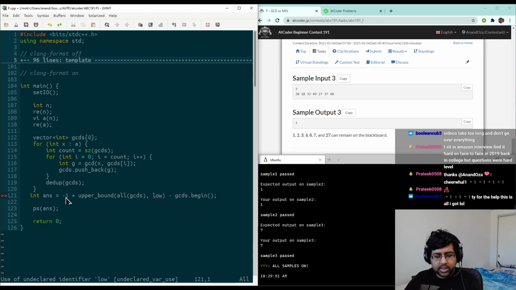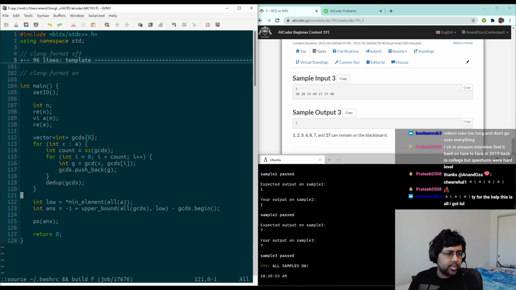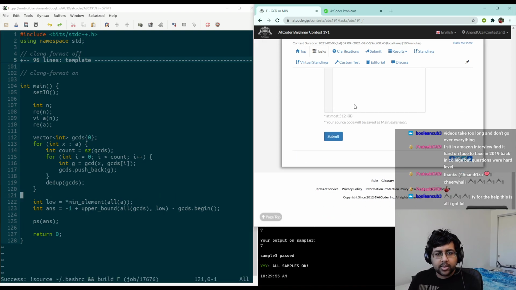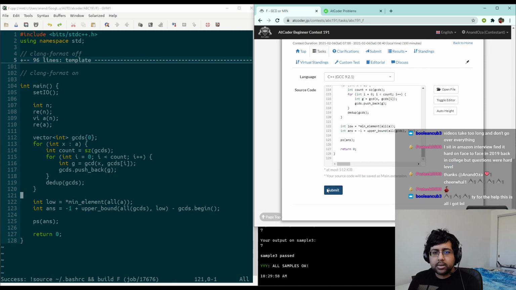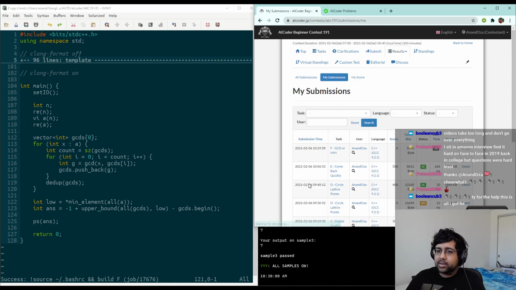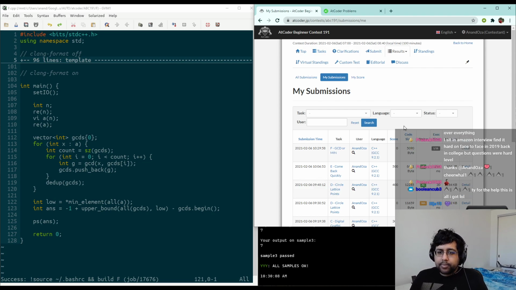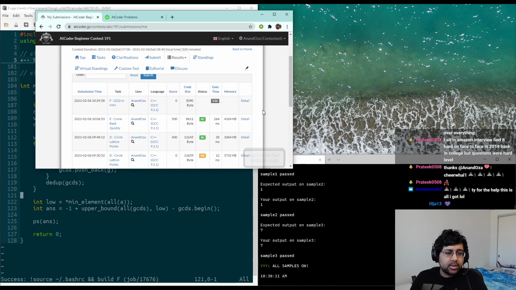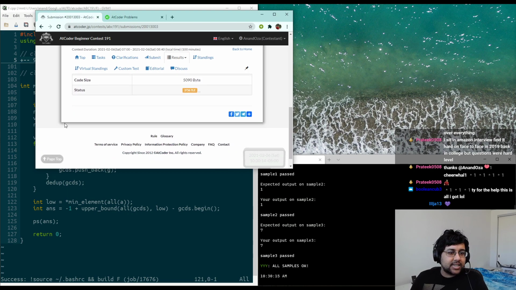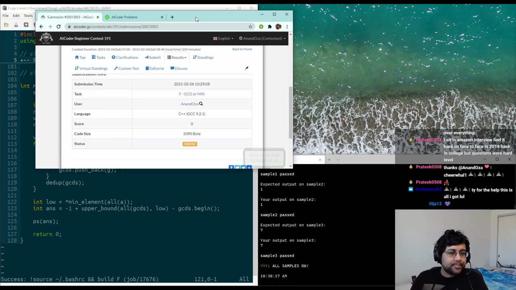It's probably too slow, but let's just submit it and get time limit exceeded. Cool, time limit exceeded on the second test case. Very cool.